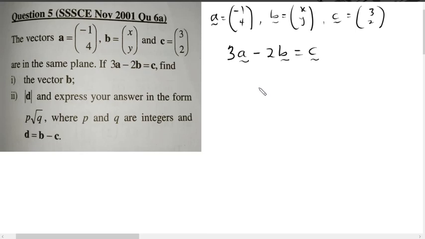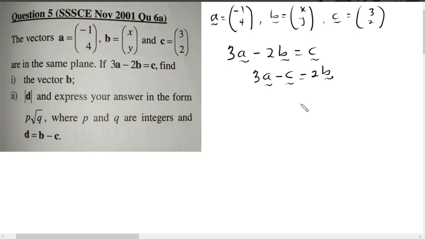Because of this negative sign, I don't like dealing with negatives, so I will leave the 3 times vector a on the left side, and bring the vector c to the left, so there will be a change of sign. I'll send the negative 2 vector b to the right so that I will have positive 2 vector b.